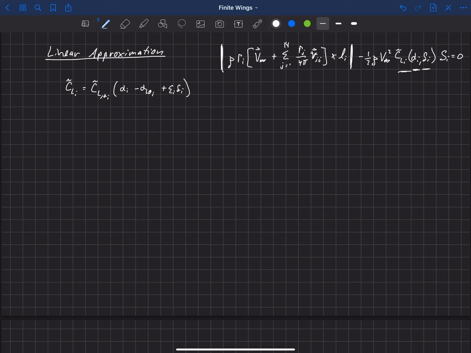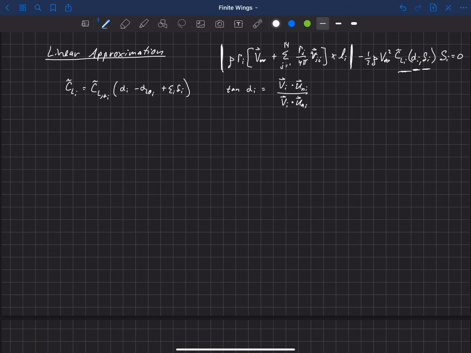And now remember, alpha I, we defined earlier as the tangent of alpha I equal to the local velocity VI dotted with the unit normal divided by VI dotted with a unit axial.